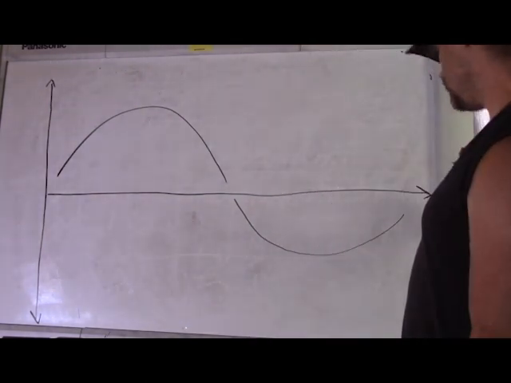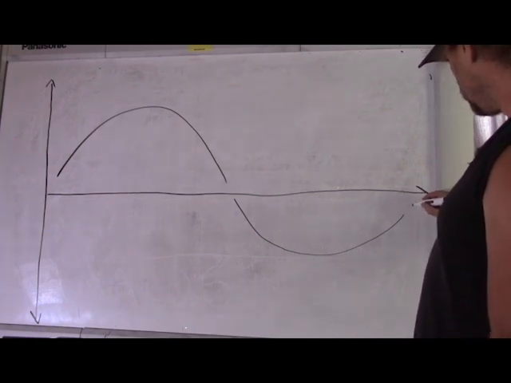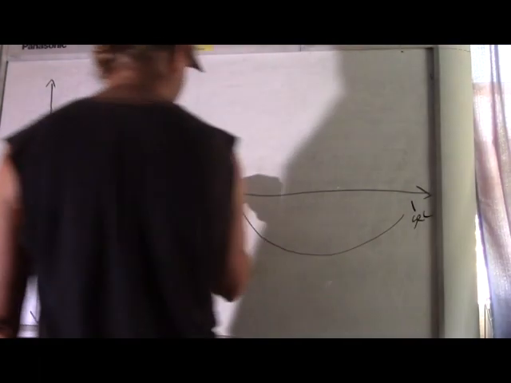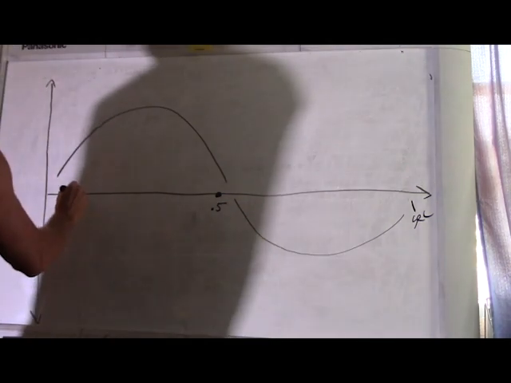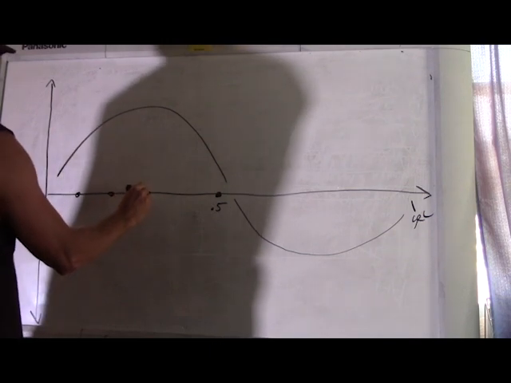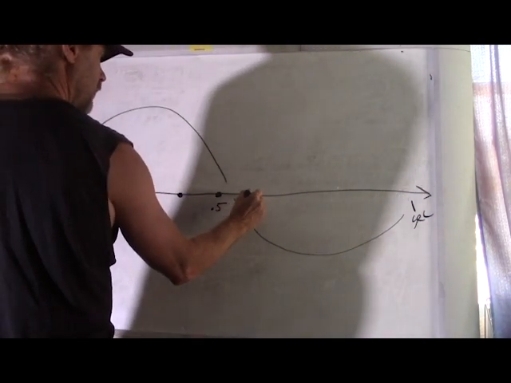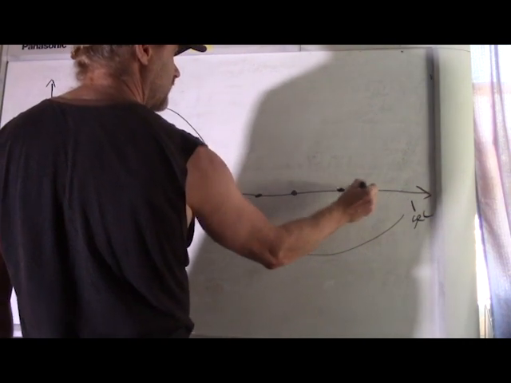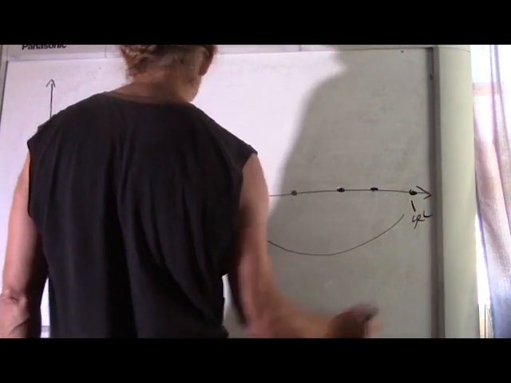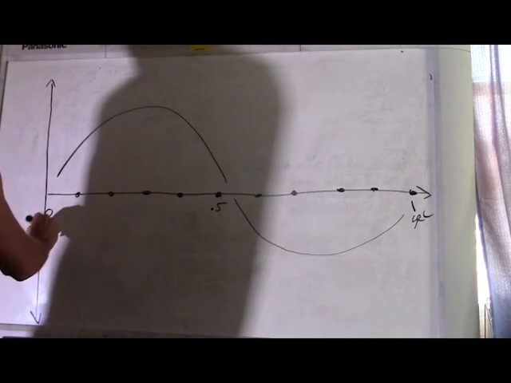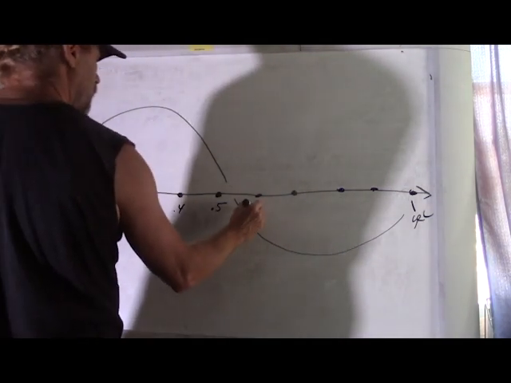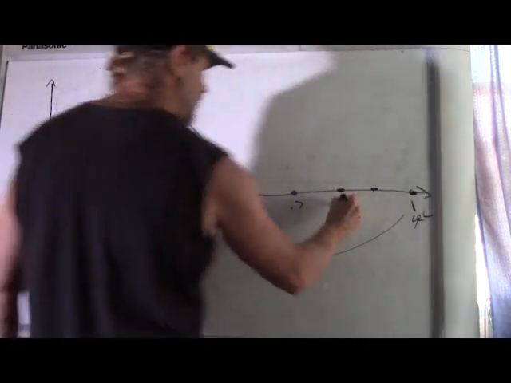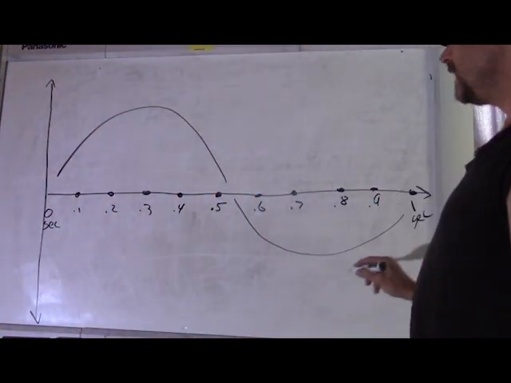Let's say that right here is 1 second. So this is the halfway point, 0.5 seconds. And then we'll go 0.1, 0.2, 0.3, 0.4, 0.5, 0.6, 0.7, 0.8, 0.9, and then 1 second. So this is 0 seconds, 0.1, 0.2, 0.3, 0.4, 0.5, 0.6, 0.7, 0.8, 0.9.